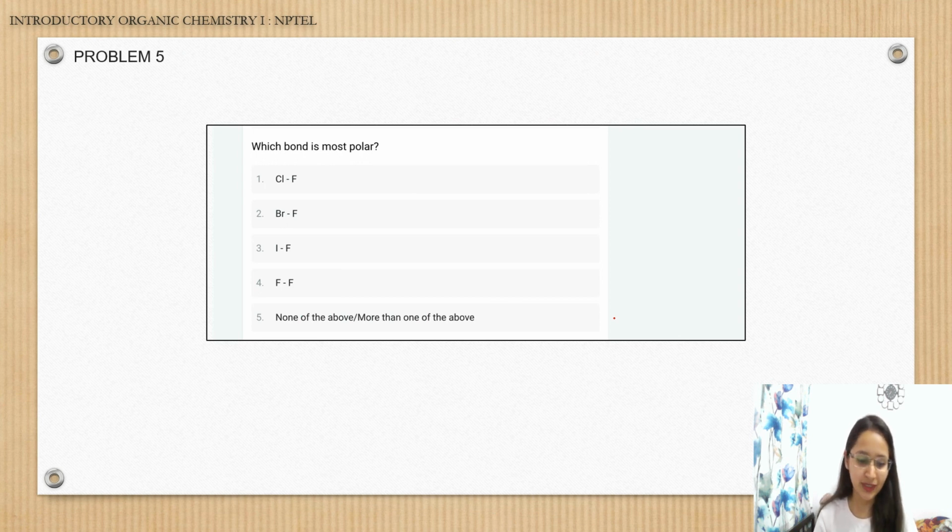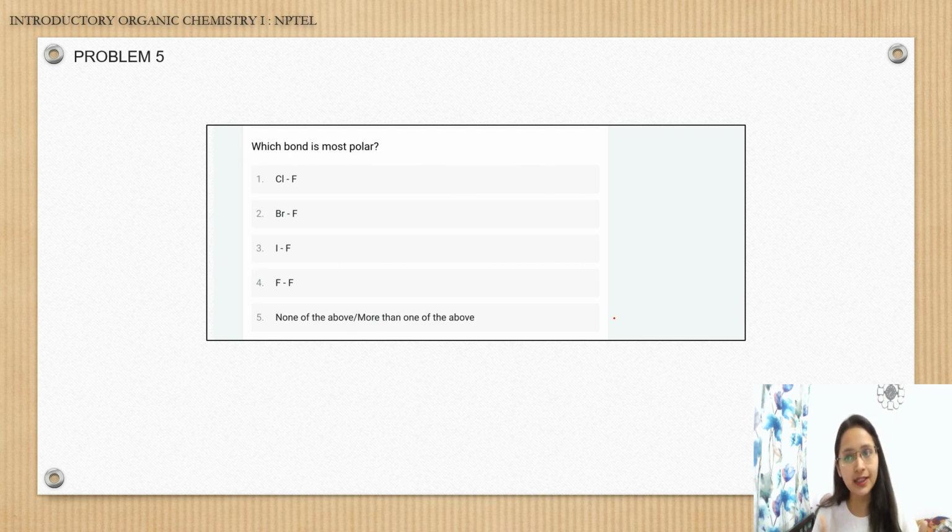I-F. Very good. Any other opinion? Okay, I-F. So guys, here is what you need to know. Those of you who didn't understand why I-F is the most polar bond, see, here the concept of electronegativity comes into play.